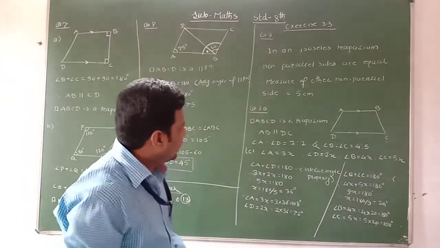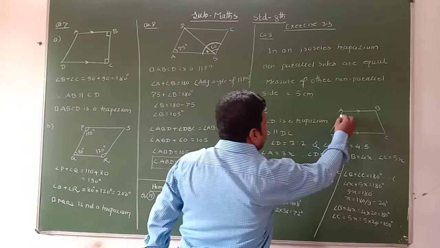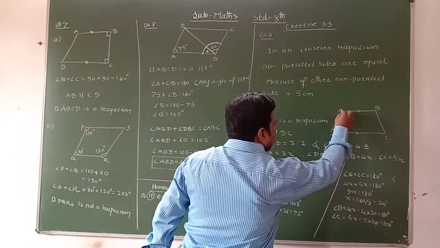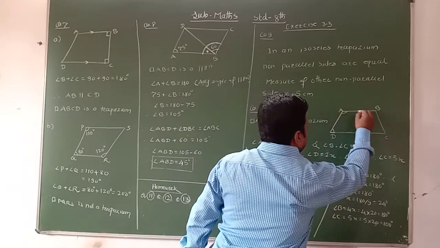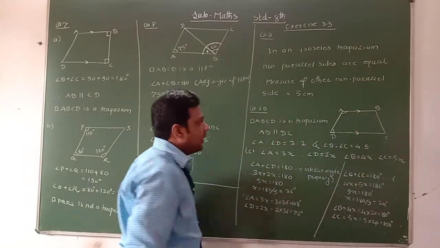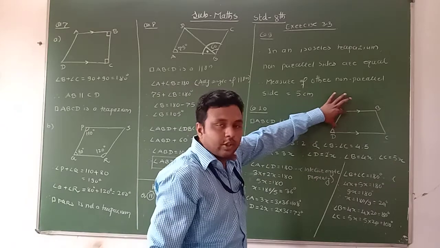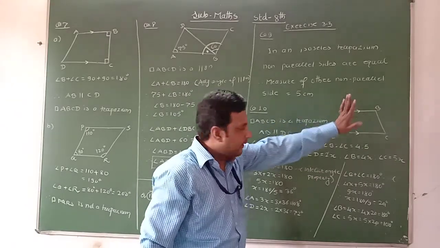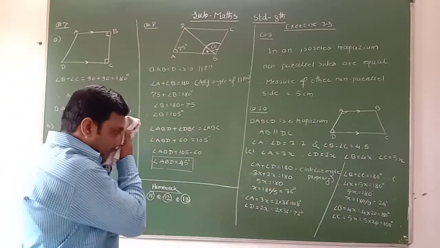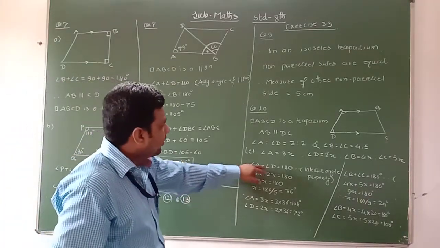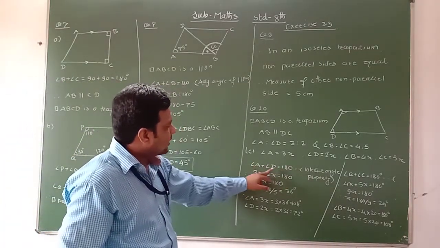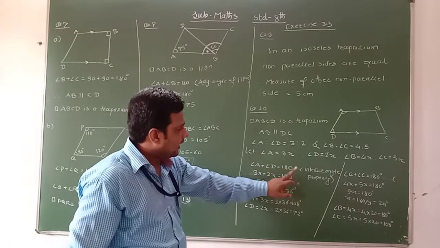Now in this trapezium, angle A and angle D are the adjacent angles, the interior angles formed by these two parallel lines. Therefore, these two interior angles are supplementary, equal to 180 degrees. Using this property, I put one equation: angle A plus angle D is equal to 180 degrees.